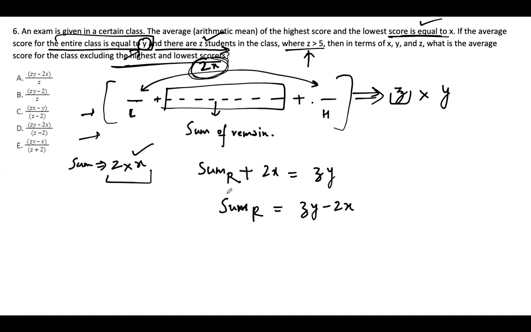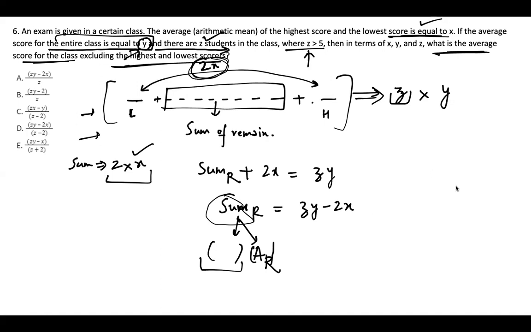And how will you write the sum of the remaining samples? Number of samples into average. You need to find the average score for the remaining class. What is the number of samples for the remaining class? Z minus 2.